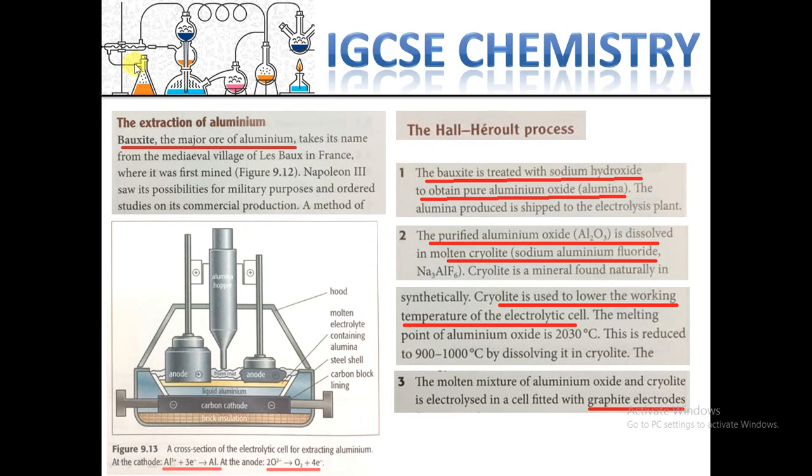Then the second stage is that purified aluminium oxide is dissolved in molten cryolite. Cryolite is sodium aluminium fluoride. So after obtaining aluminium oxide, we need to purify it.